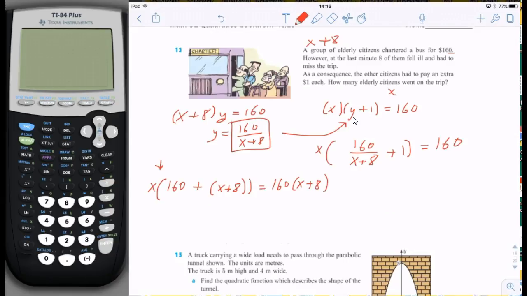I multiplied everything by x plus 8. Then I'm going to get 160x plus x squared plus 8x equals 160x plus 160 times 8 is 64 times 2, 128, 1280.